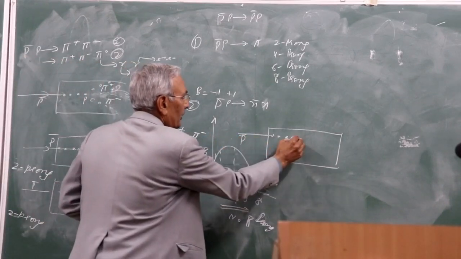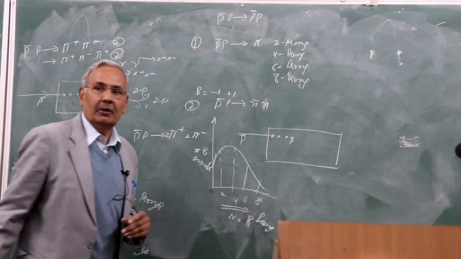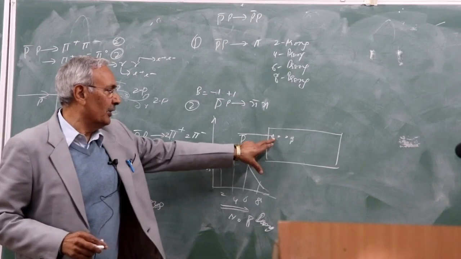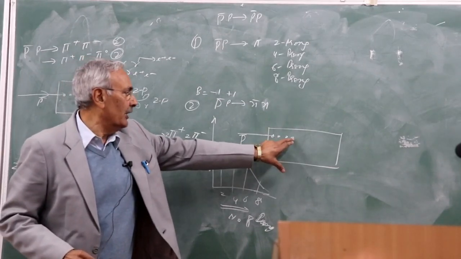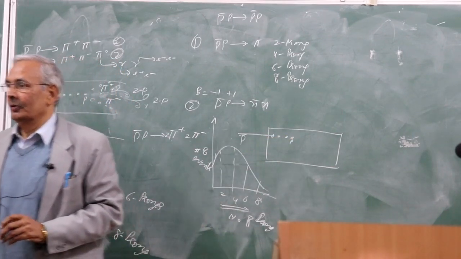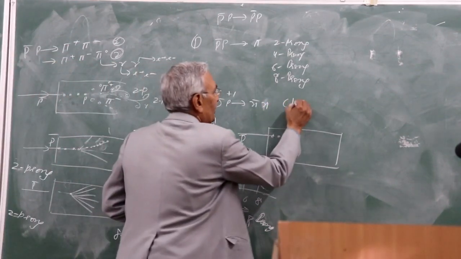Antiproton has entered, it interacts with this atom, ionizes it. This is also interaction with the hydrogen atom. This is a hydrogen atom, this is also a hydrogen atom. Then here, rather than the hydrogen atom, it interacts with the proton in the nucleus. Okay, and charge exchange, this is called charge exchange, takes place.